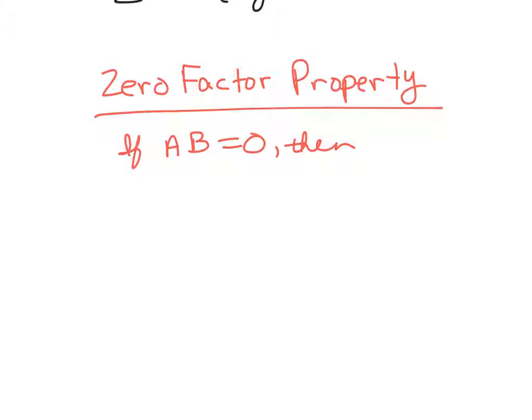The only way you can multiply two things together and get 0 is if at least one of those two things is 0. So if A times B equals 0, that means either A is equal to 0, or B is equal to 0, or they're both equal to 0. If either one of them is equal to 0, then the whole thing's going to be true. A times B is going to equal 0.